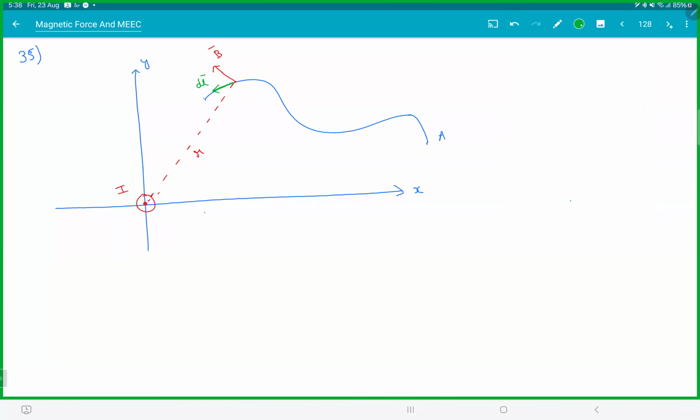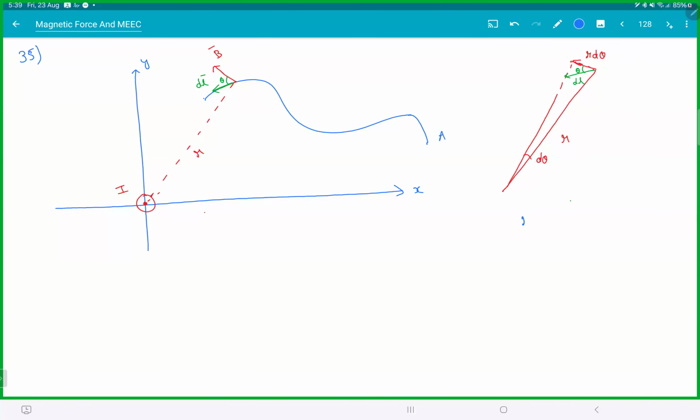Okay, now look at this thing. So you took this as your R. If you take a small angle here, d theta, this length will be R d theta, that is in the direction of B. Let this angle be theta, so that R d theta and B are in the same direction. So this is something like your dl, and this is your theta.